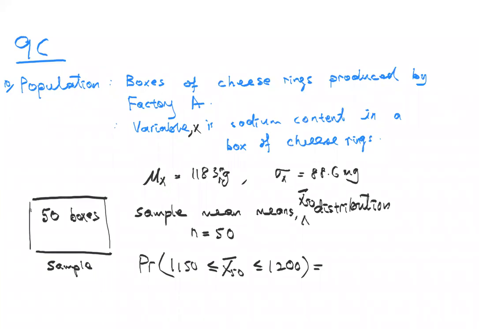According to central limit theorem, if the population is not normally distributed, by rule of thumb, n equal to 50, which is greater than 30, then the sample mean distribution will be approximately normally distributed. Please memorize by heart.